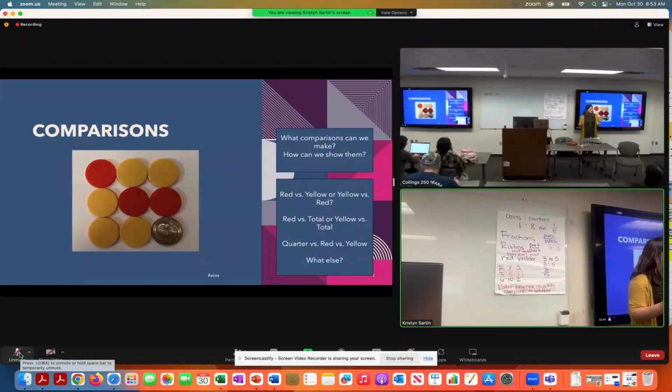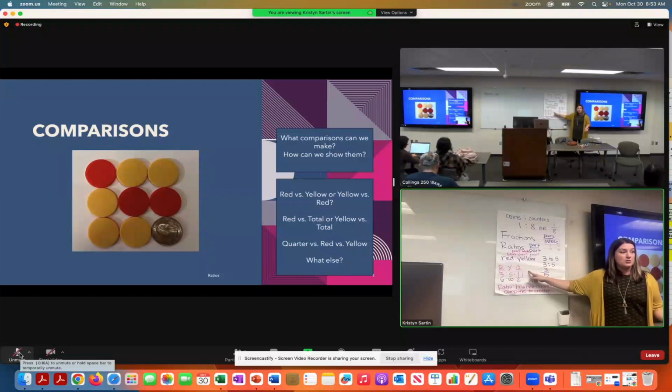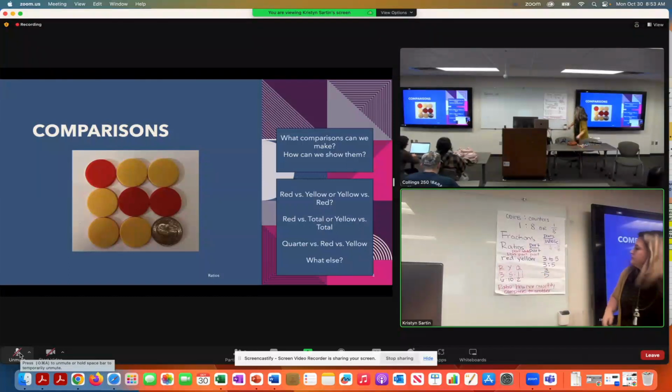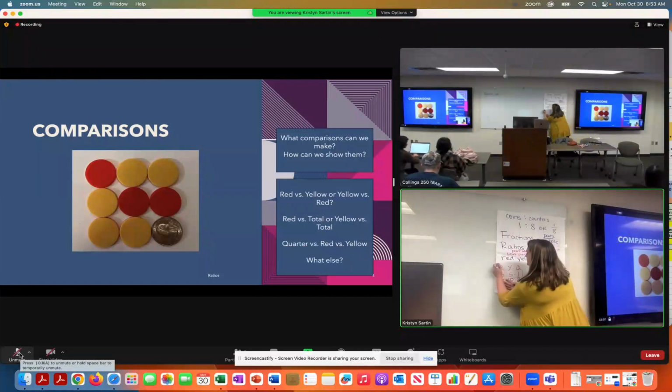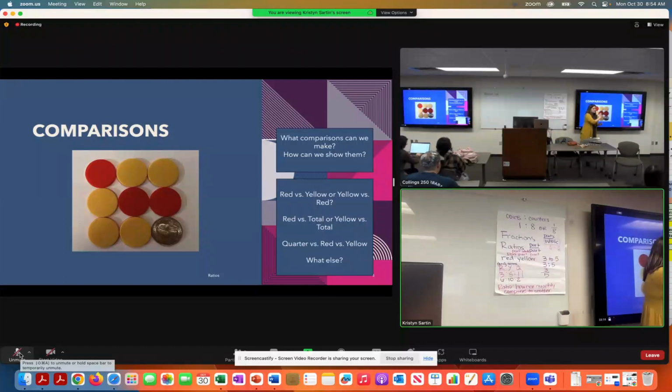Or whole to part, or whatever we decide, as long as we clarify what the meaning of those terms are. If they're super flexible, we have to make sure that we're clear about which term represents what. Okay?